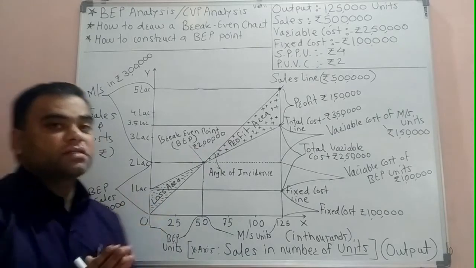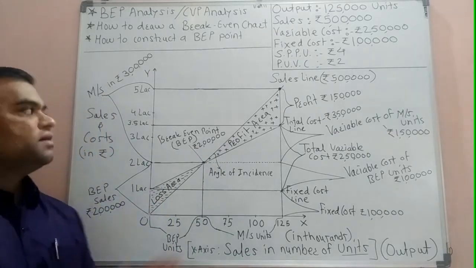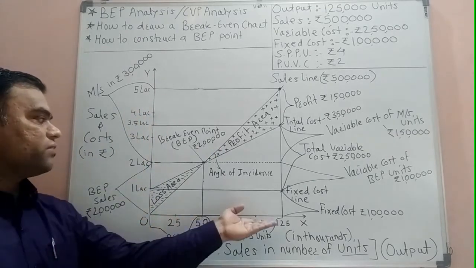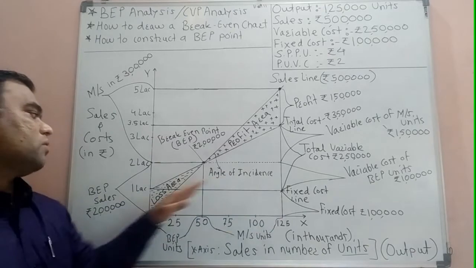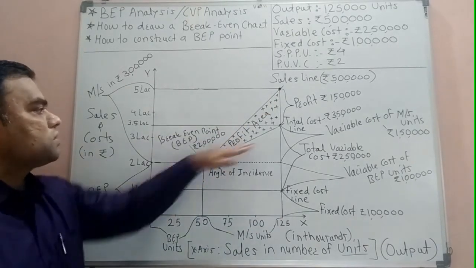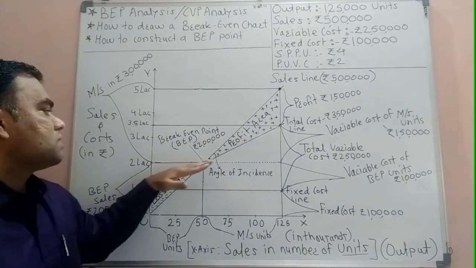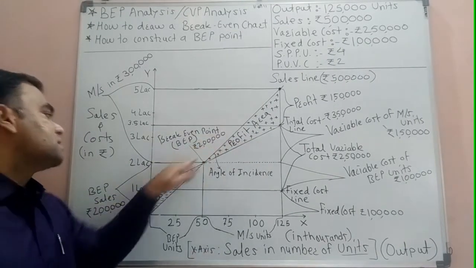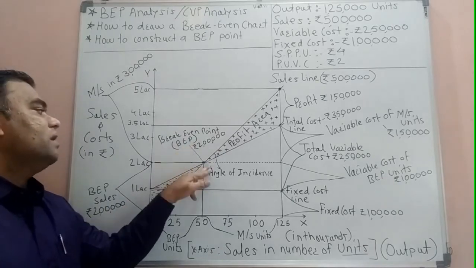So we have discussed how to draw the break even point. On the Y axis and X axis we draw the fixed cost line, then the sales line, then the total cost line. While drawing the total cost line, it intersects the sales line, and the point where these two lines intersect is known as the break even point.